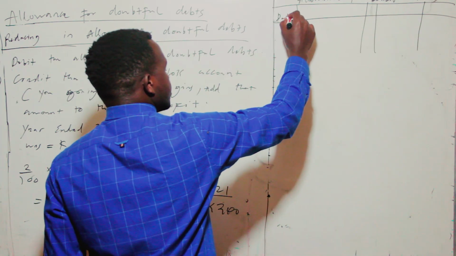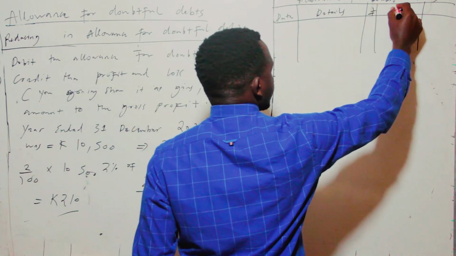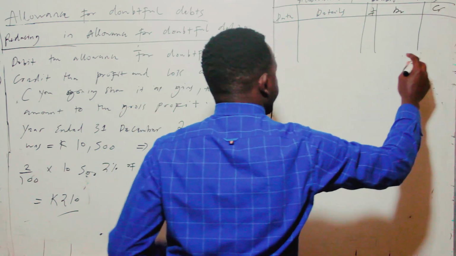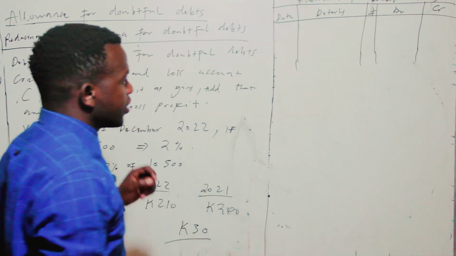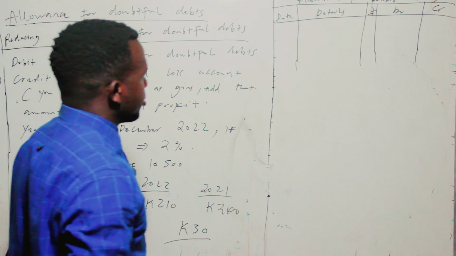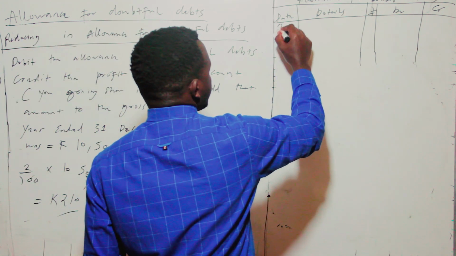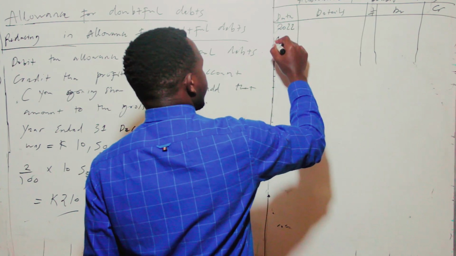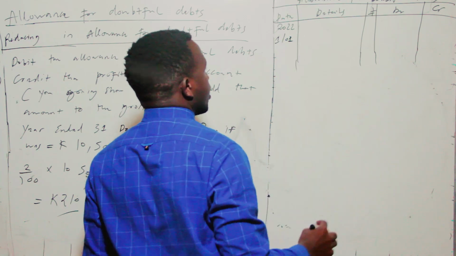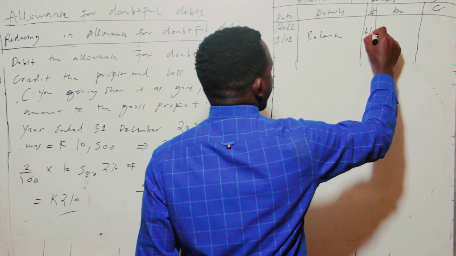So we're going to have our date there, we're going to have our details, we're going to have our folio, we're going to have our debit, we're going to have our credit. And we know that the allowance for doubtful debts has a credit balance. So we can say 2022. So first of January there, we can say balance brought forward.